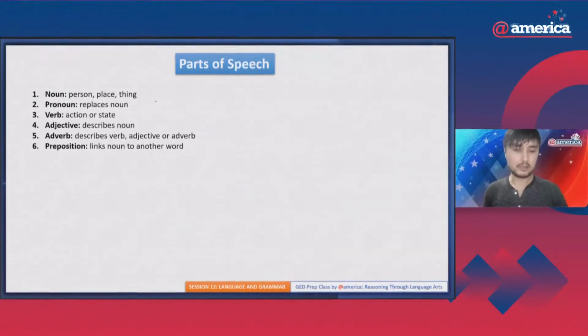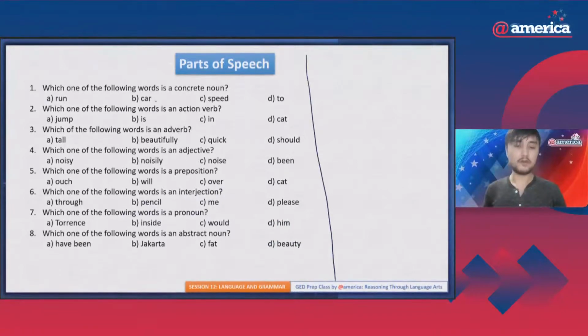You can basically sense them through one of the five senses. So, which one of the following words is a concrete noun? Run is a verb and a noun. Car, it's a noun. Speed, we know that it's a noun, but is speed concrete? Of course, you can see something being fast. Two is not even a noun. So, a concrete noun is a car.